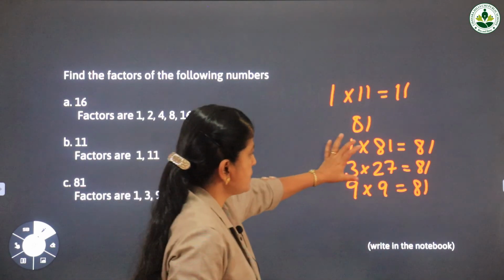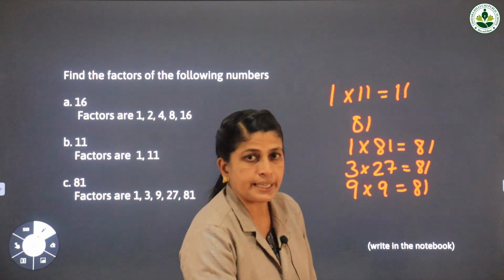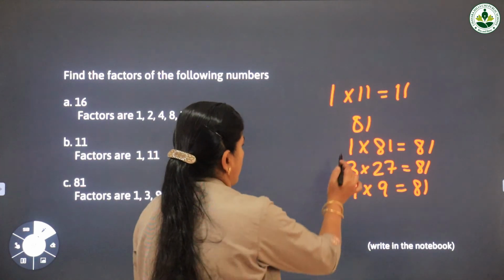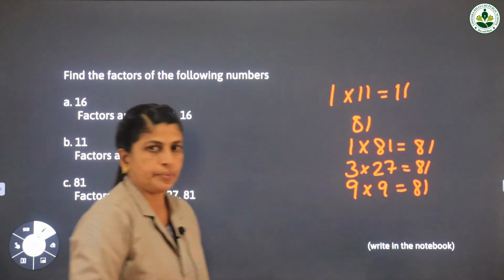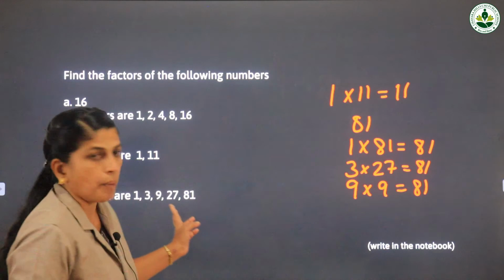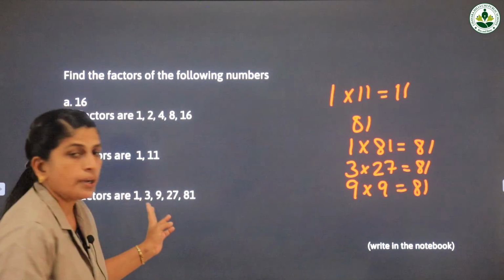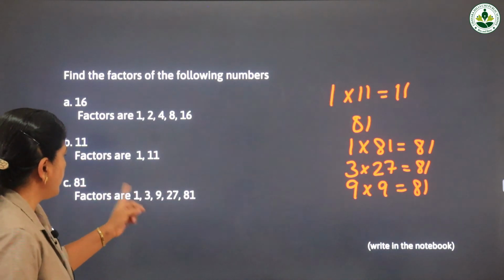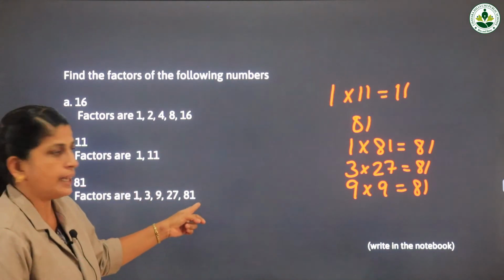Therefore, these are the multiplication sentences to get the product 81. Therefore, the factors are 1, 3, 9, 27 and 81. We don't repeat the numbers. If the same factor comes again, no need to repeat it. Therefore, the factors of 81 are 1, 3, 9, 27 and 81.